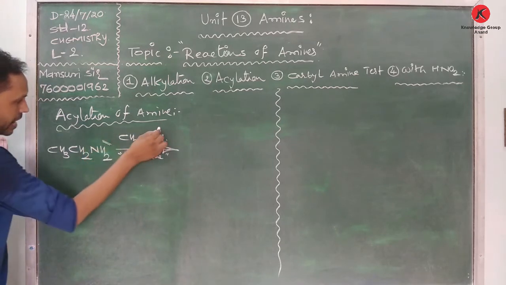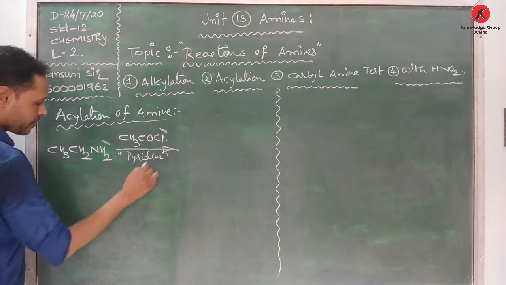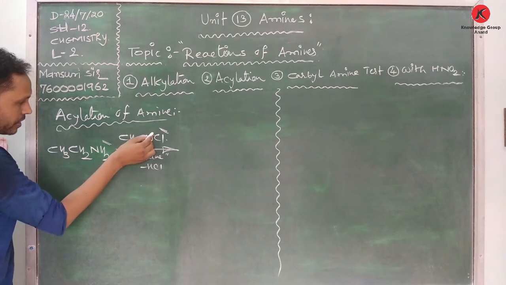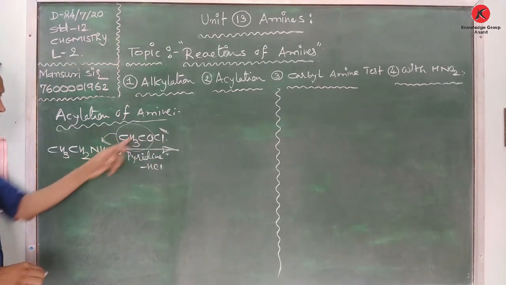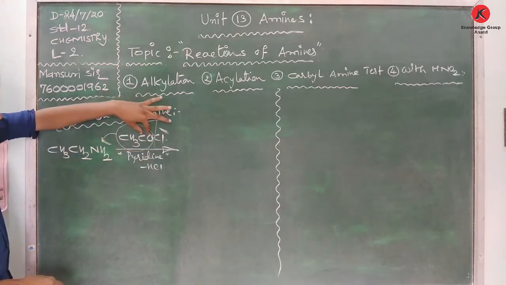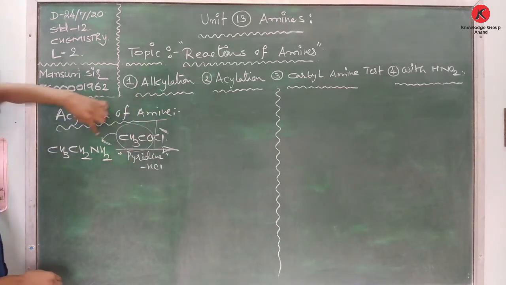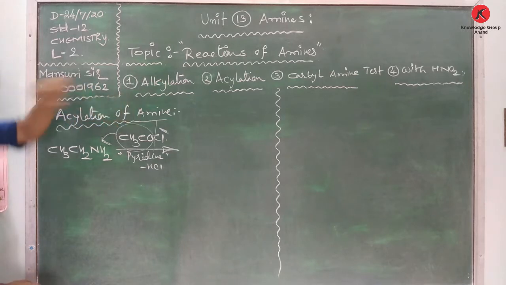Then H and Cl will be removed. That is why HCl is removed, and this acyl group will attach to the nitrogen. So this carbonyl group is attached with nitrogen, and thereafter methyl.